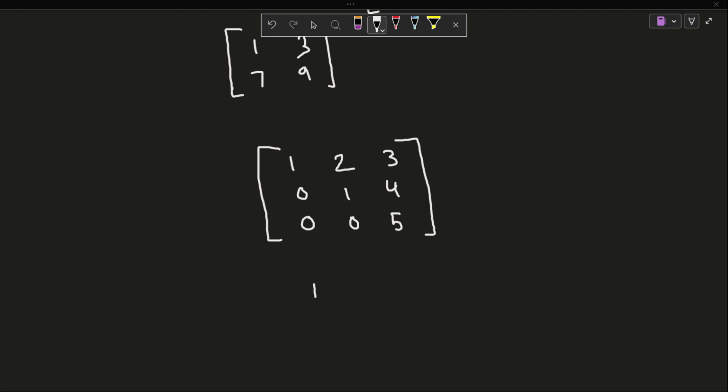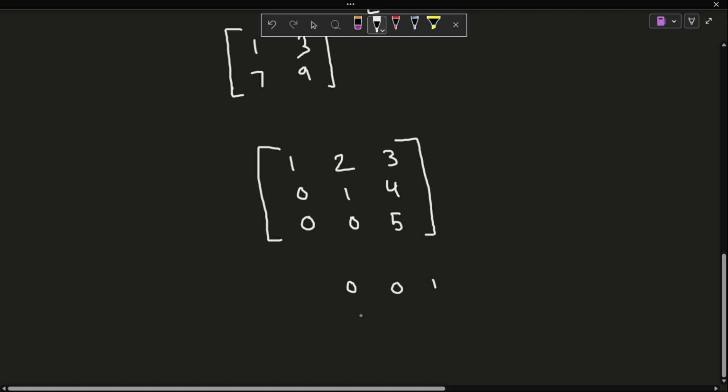Another example of this would be something like 0, 0, 1, 0, 0, 0, 0, 0, 0, which would technically be in row-reduced form.